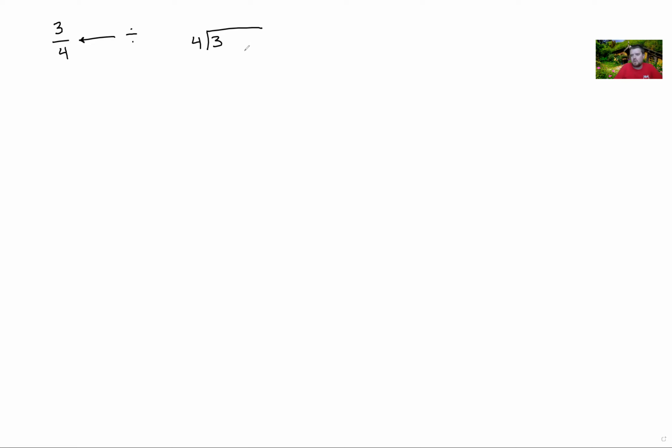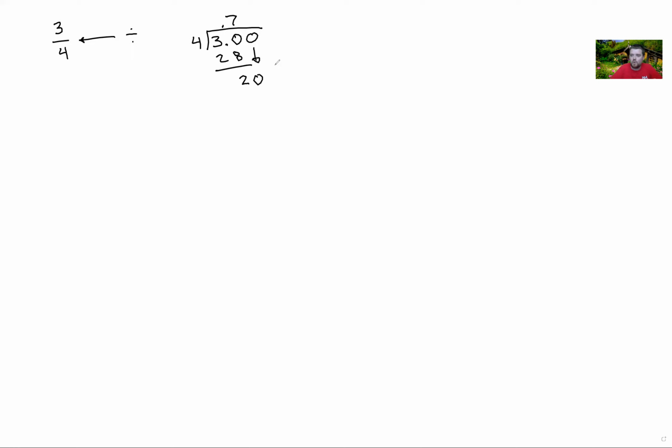So 4 can't go into 3, right? So anytime the number on the outside is bigger than the number on the inside, what I need to do is add a 0 and a decimal place. So now I'm looking for how many times does 4 go into 30? Well, 4 times 7 is 28, so I put a 7 up here. Subtract down to get a 2. I'm still not done, so I'm going to do 4 into 2. I need to add another 0, bring it down.